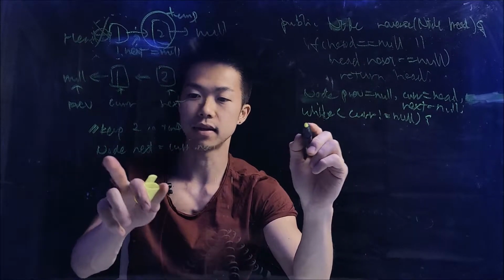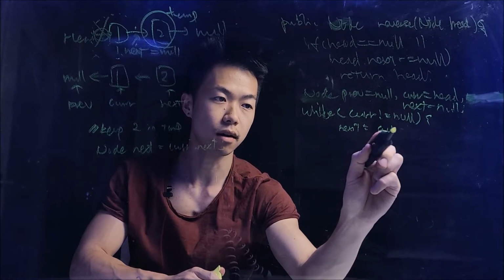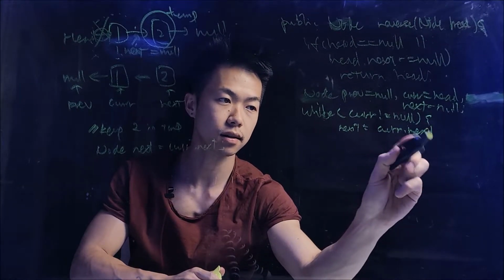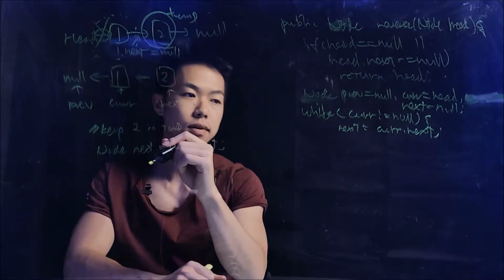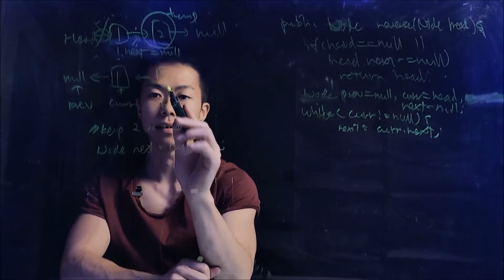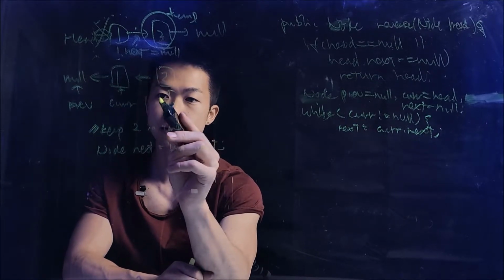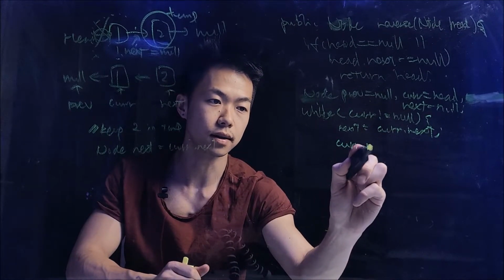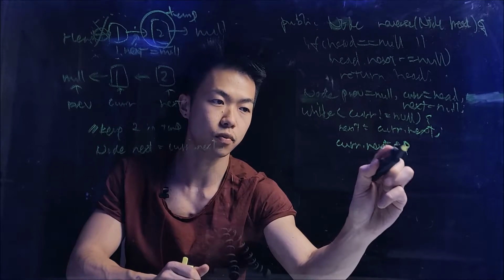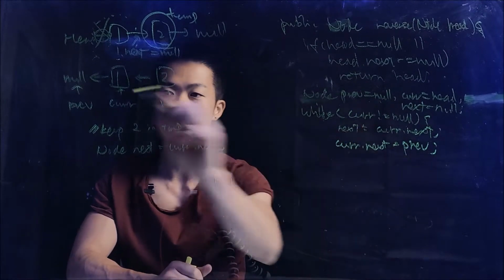And then we're gonna save this one, current.next, keep this guy in a temporary variable, and then what we're gonna do is current.next is going back to previous. So current.next is prev, which is initialized as null in the beginning.